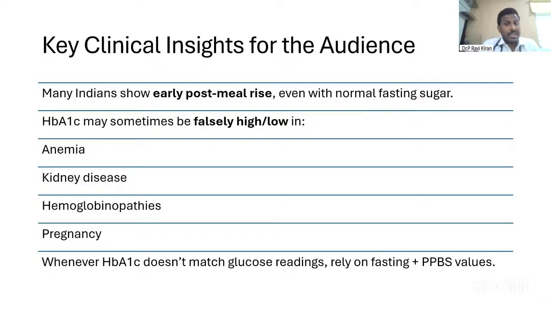Also, there are many conditions where HbA1c and fasting and post-lunch may not be working in tandem. Sometimes when both fasting and post-lunch are high and HbA1c is lower, within the normal limits, it indicates that the patient has developed diabetes recently and the HbA1c value didn't get enough time to rise. So if the patient has normal HbA1c and high fasting and post-lunch, it indicates recently developed diabetes.